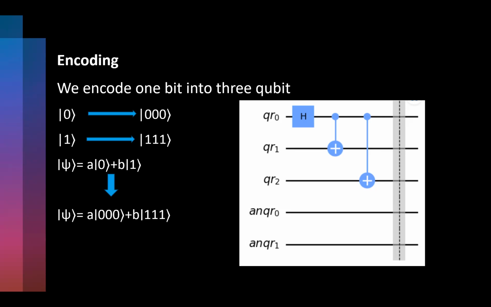First we have the 0 state, we apply a Hadamard gate, so it becomes 0 and 1, the superposition of 0 and 1. Now we apply a CNOT gate on 0 and 1, and then we apply a CNOT gate on 0 and 2. Applying these gates, the 1 bit of information becomes 3 bits of information.